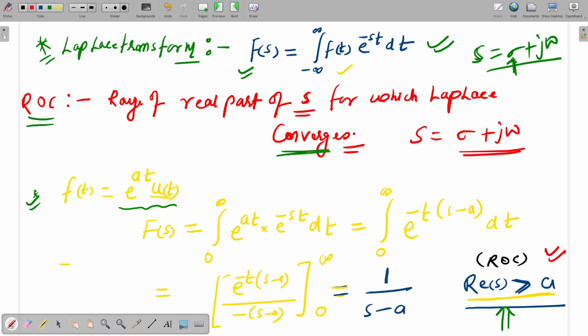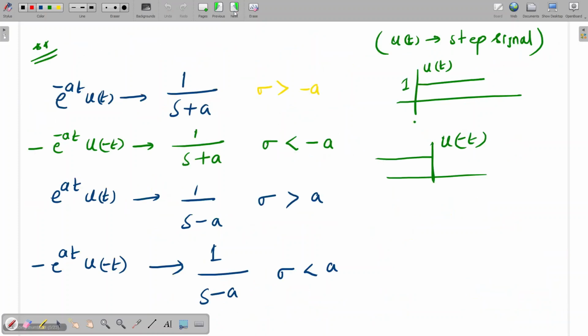Yes, sir. Okay. So similarly, for various kinds of step functions, you can derive also. If the function is e to the power minus at into ut, the Laplace transform will be 1 divided by s plus a, and the ROC will be sigma greater than minus a. Sigma is the real part of s.